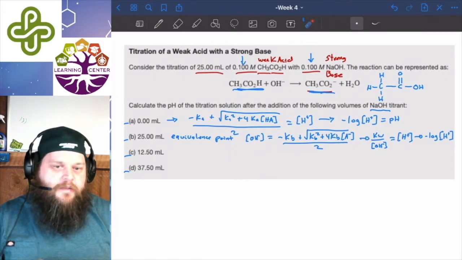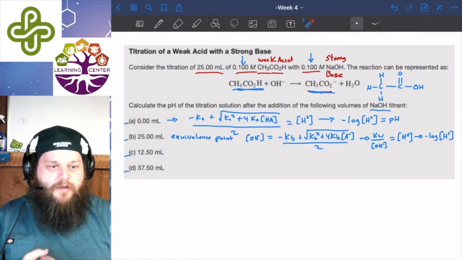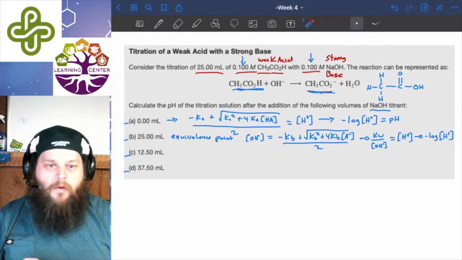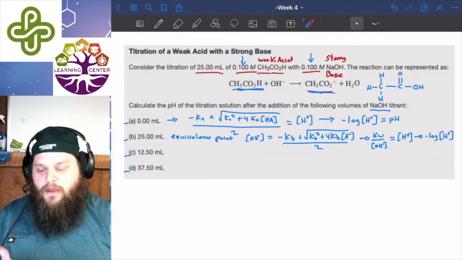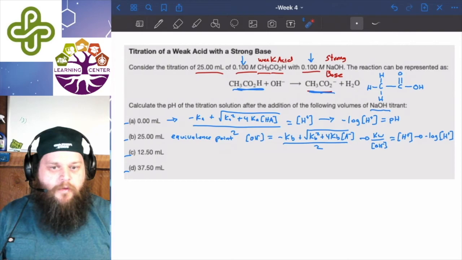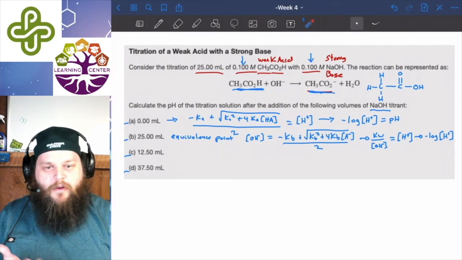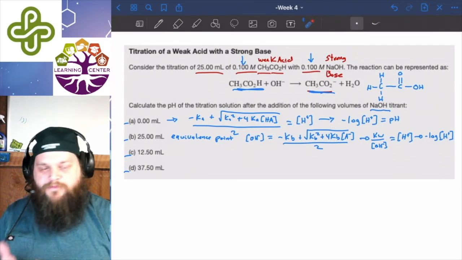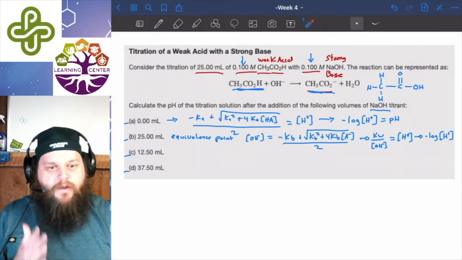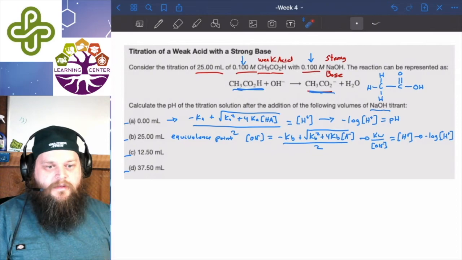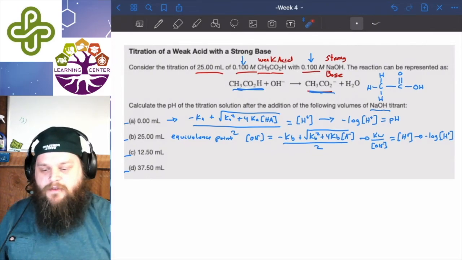Different options could be the quadratic for hydroxide, the quadratic for hydronium, just the basic pH formula where pH is equal to the negative log, the Henderson-Hasselbalch equation, or some derivative of any of those. Any thoughts?